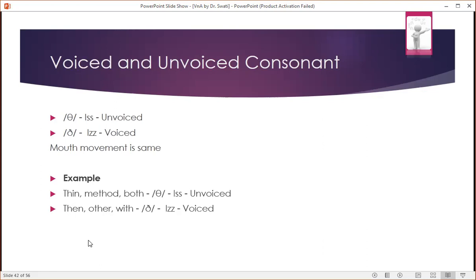So these two symbols are pronounced with almost the same mouth movement, but the sound is different. Again, we have to practice by pronouncing the words which come from the sound.